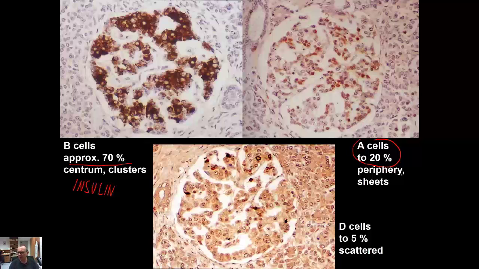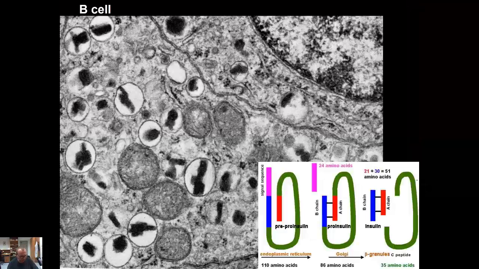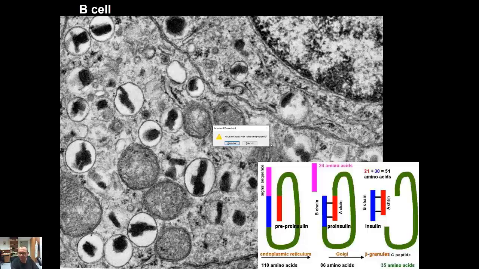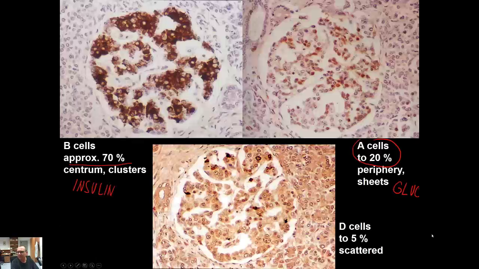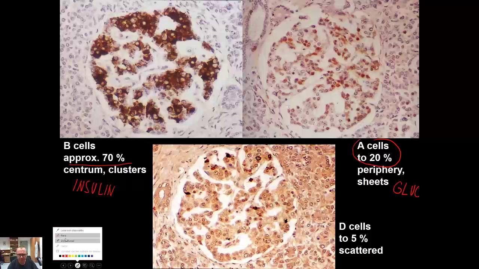They are situated mostly in periphery. They secrete glucagon. Glucagon is another well-known hormone of the pancreas.